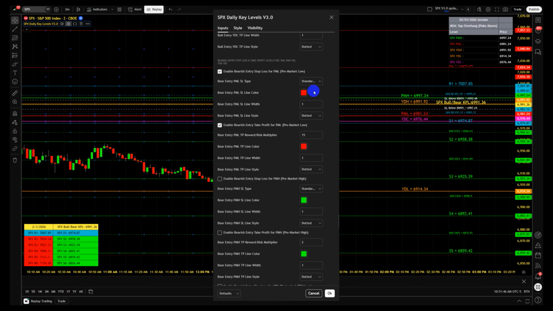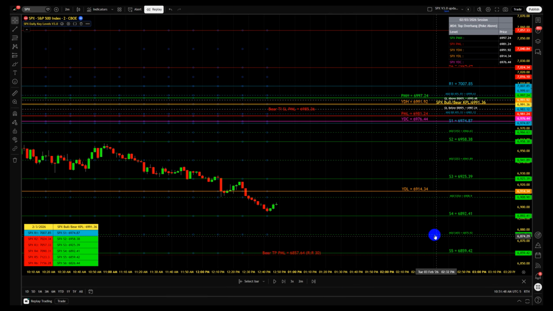Okay, so we'll change this to standard. Okay, and as you can see here, now we have standard stop loss being more. However, the 15 reward risk multiplier places it in the same place as if you had a tight stop loss and a 30.